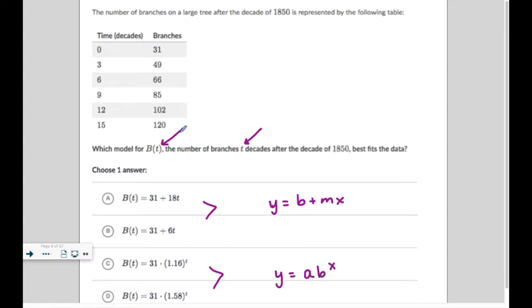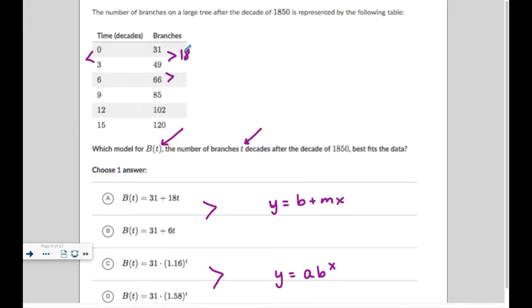So really, the easiest way to approach these problems is to determine if they have a slope or if their rate of change is a percentage. So how do you do that? Well, if it's a slope, you just take the change in y over the change in x. So what I do is I subtract my x's and my y's. So I'm going to do 49 minus 31, which gives me 18.